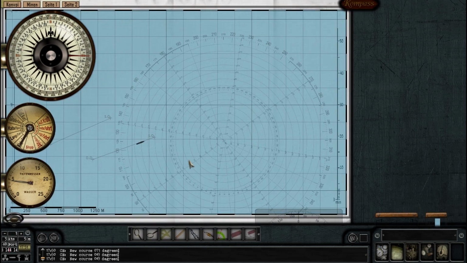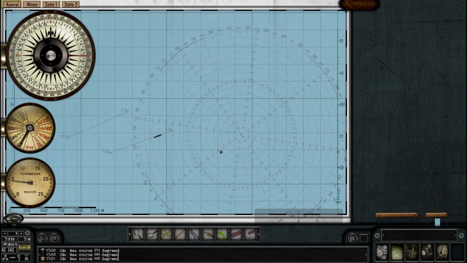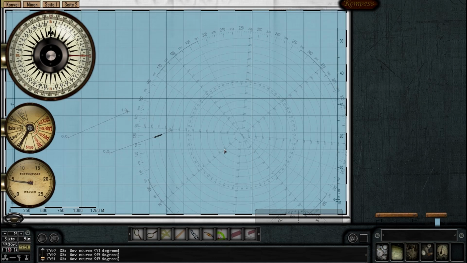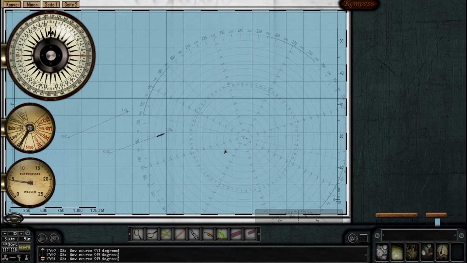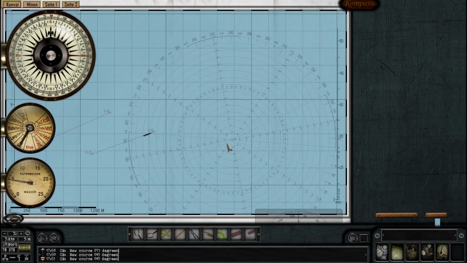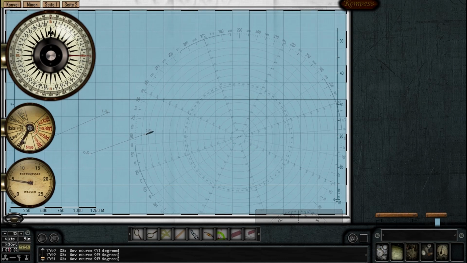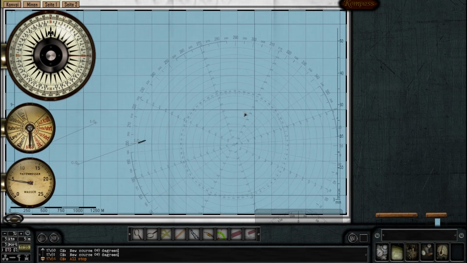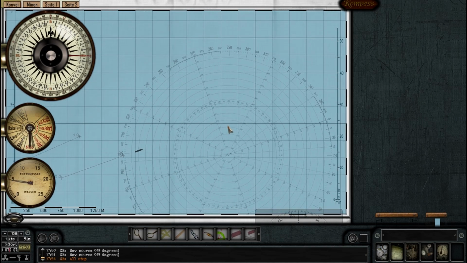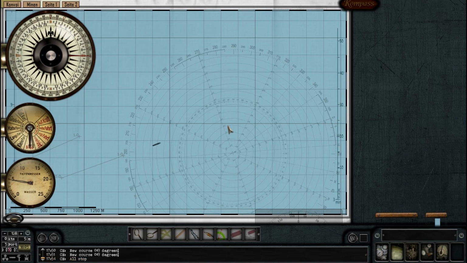But anyhow, let's go back to the map. You'll see our sub turning to get into the new course. And now let's stop the engines and see how much of a perfect parallel course we really have.